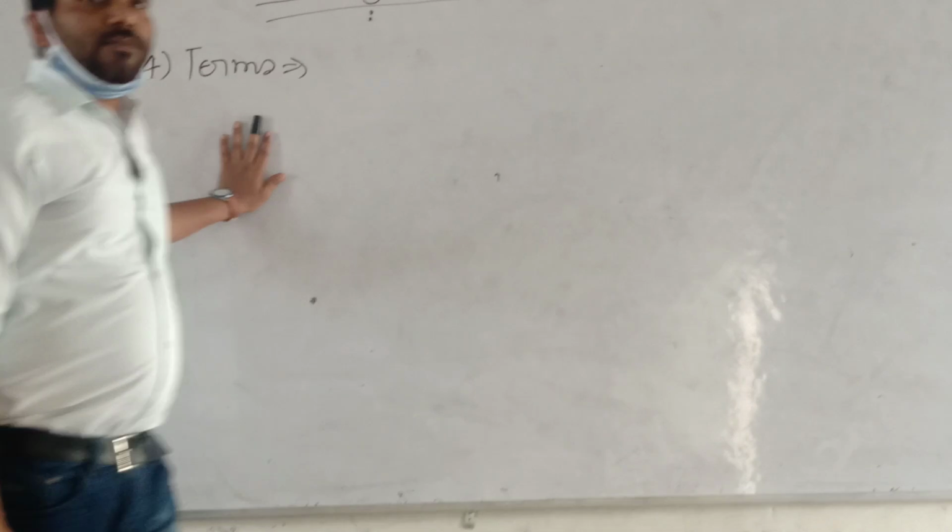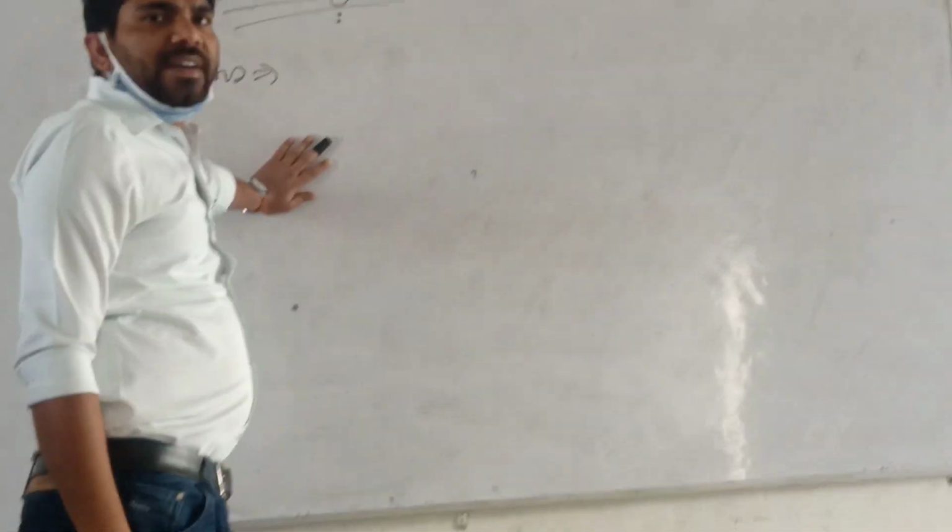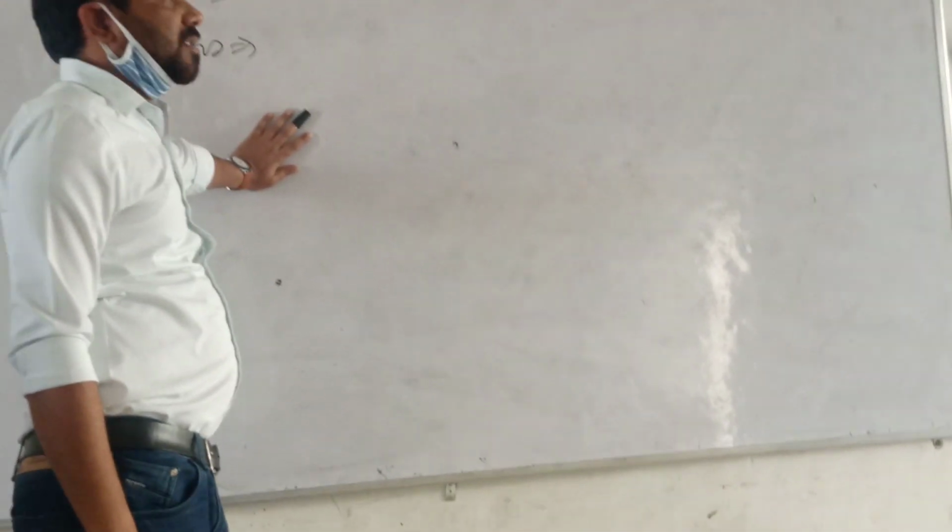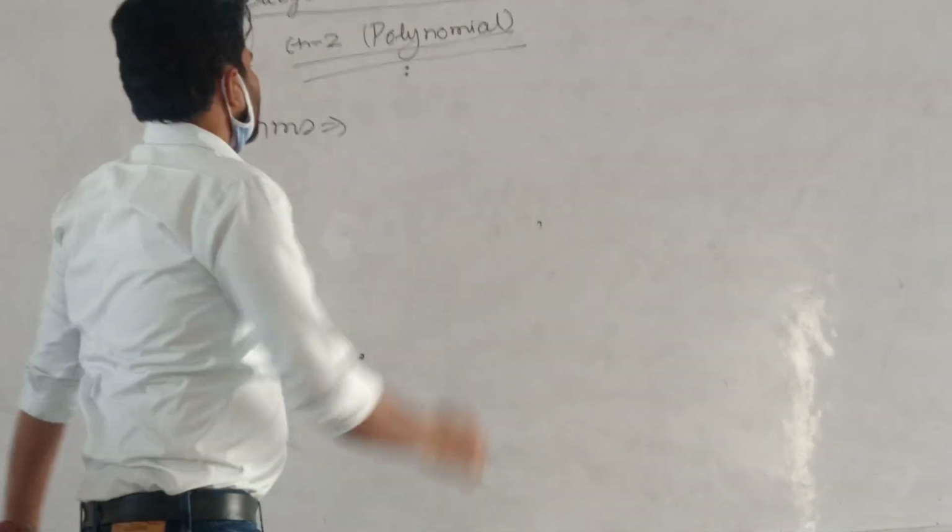The several parts of algebraic expressions separated by some operation like plus or minus is known as terms.